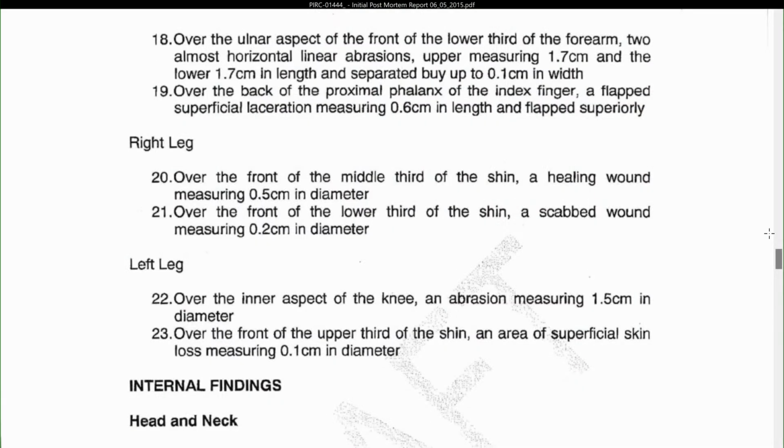And 23, over the front of the upper third of the shin, an area of superficial skin loss. Tell us about this injury. So this is just a very tiny, non-specific injury that I can't really put into the abrasion or the bruising category. You basically just see the surface of the skin that's been slightly removed, but there's none of the kind of colour that you see normally with an abrasion.